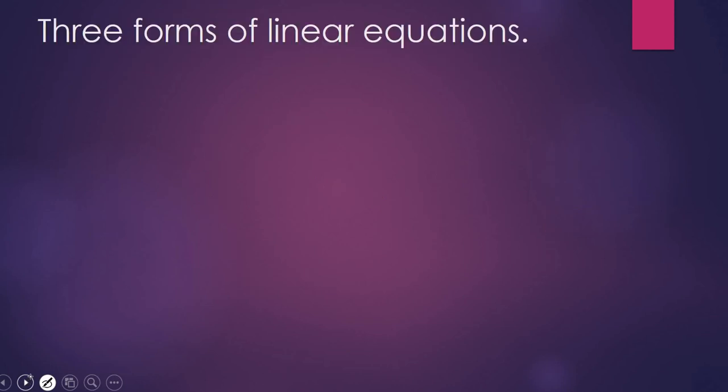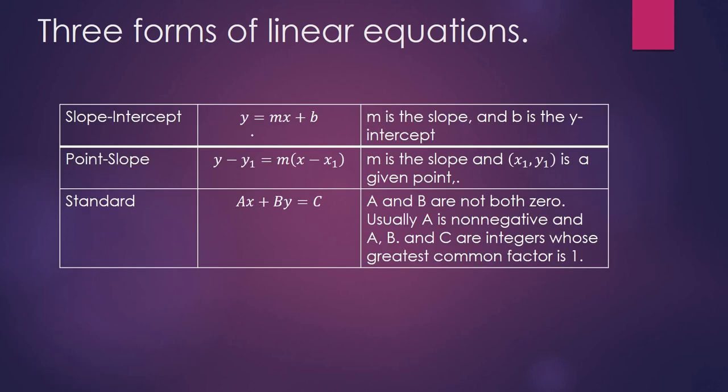All right, so we've learned 3 forms of linear equations up to now. Slope-intercept, y equals mx plus b, where m is the slope and b is the y-intercept. Point slope, y minus y sub 1 equals m times x minus x sub 1, where m is the slope and x sub 1, y sub 1 is a given point.